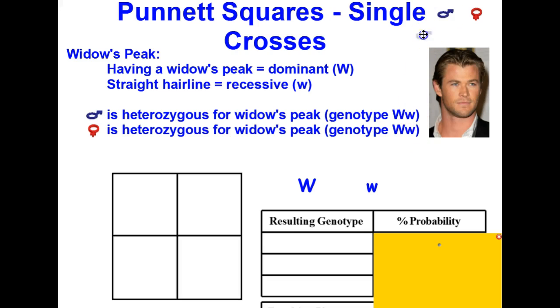When doing the Punnett square, you put one of the individuals on the top of the square, and you put the other individual on the left side of the square. In this case, we'll put the male, whose genotype is big W, little w, on top, so we put one of each of his alleles on top of each square here.